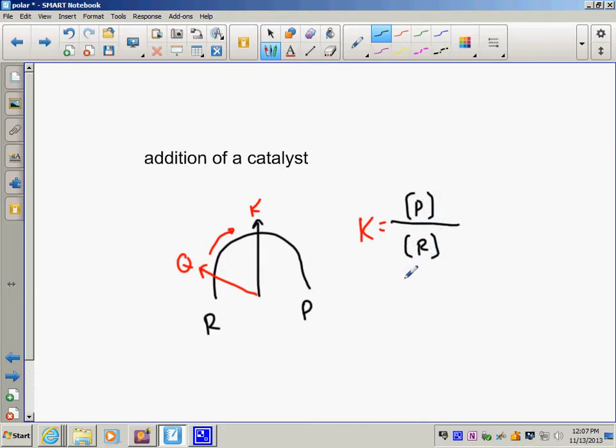The answer is no effect. The only thing a catalyst is going to do is decrease the amount of time it takes to get to K. Very important: it's not going to affect my actual concentrations of products and reactants when I get to equilibrium. It's just going to shorten the time it takes to get there.